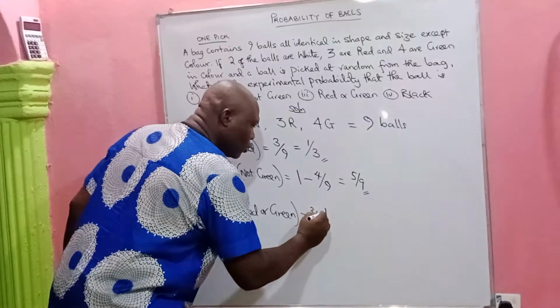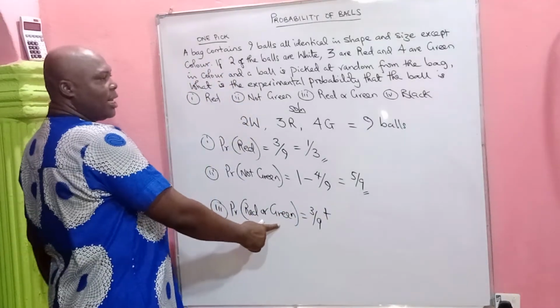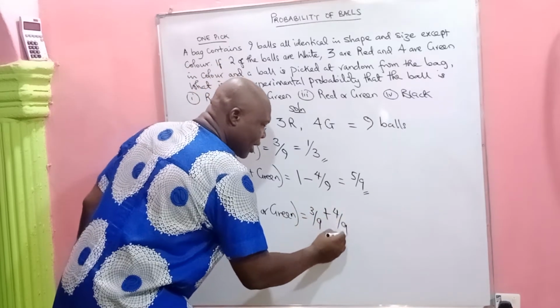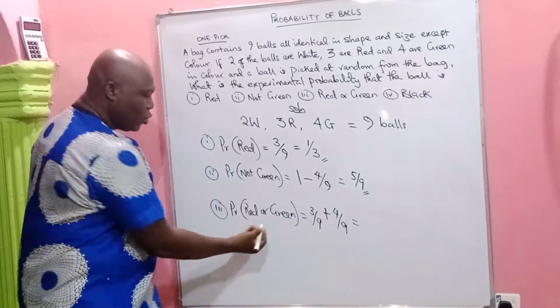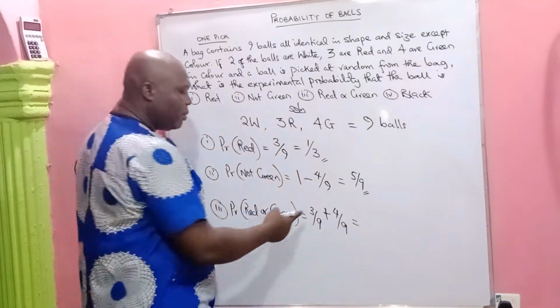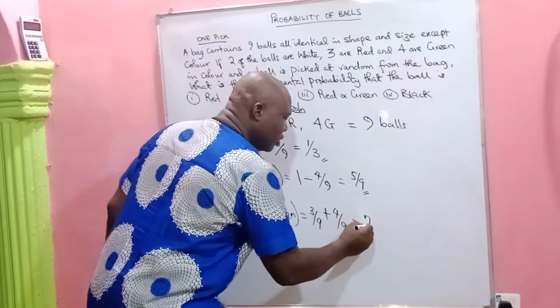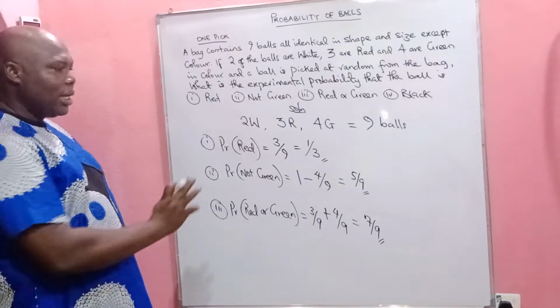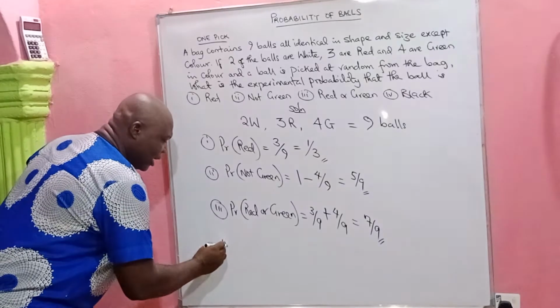Or means plus. What's the probability that it is green? How many green balls do we have? 4 over 9. So 3 over 9, I've told you, or in probability means plus. All right, so 3 over 9 plus 4 over 9 simply means 3 plus 4, and that will be 7 over 9. And you can't reduce that to any other lowest term. That's your answer. And finally, number 4.